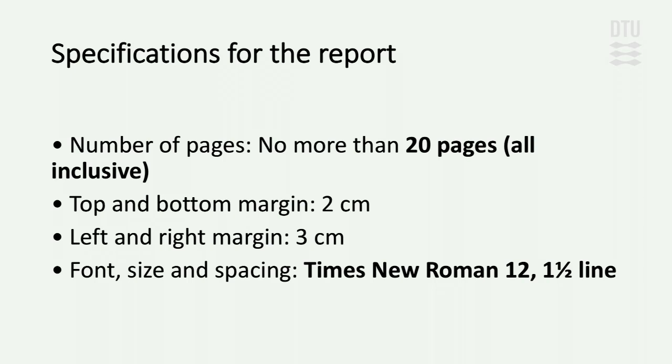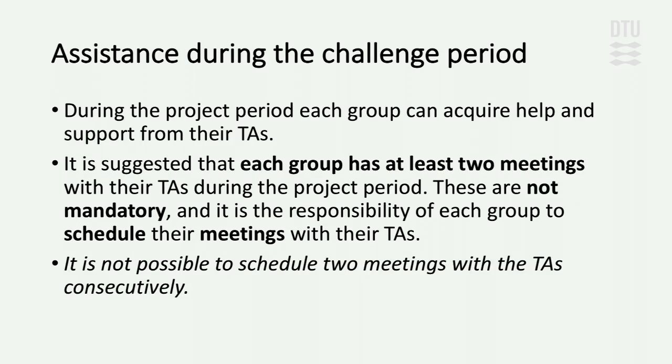Top and bottom margins should be 2 centimeters, while left and right margins should be 3 centimeters, and all the text should be written in Times New Roman size 12 with 1.5 line spacing. So this is just the technicalities.